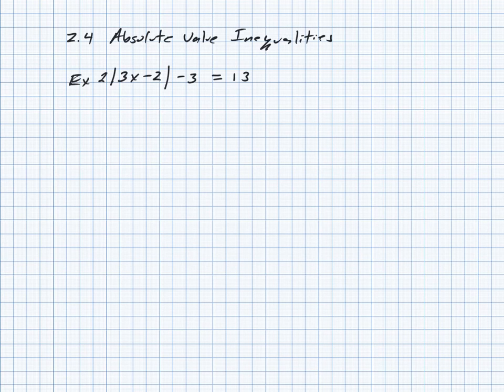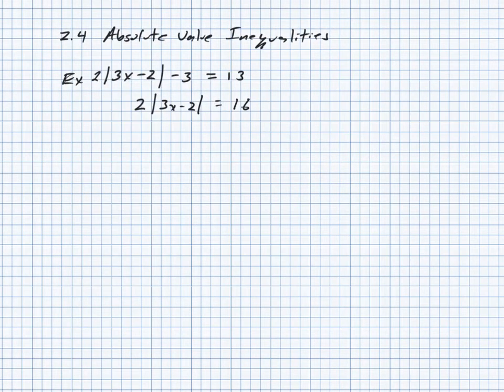all by itself first. So if I add 3 to both sides, I'm going to get 2 absolute value 3x minus 2 is equal to 16. And then I will divide both sides by 2, and I get absolute value 3x minus 2 is equal to 8.